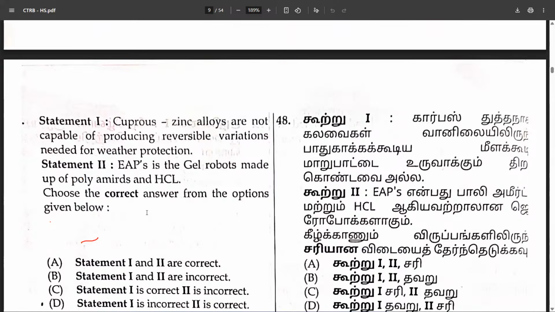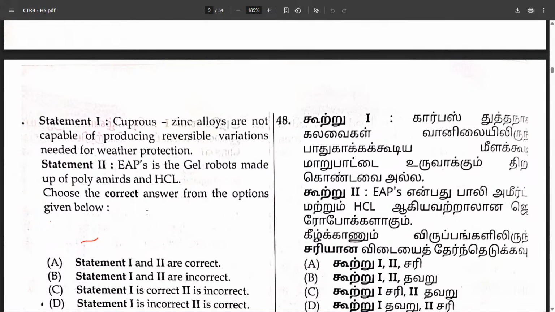Here is again a statement based question. Two statements are given. Statement one is: zinc alloys are not capable of producing reversible variation needed for weather protection.